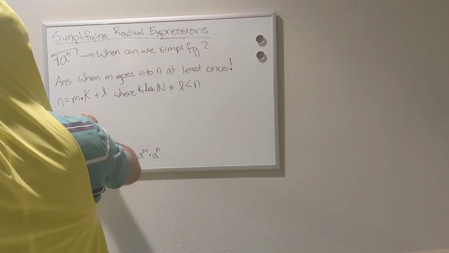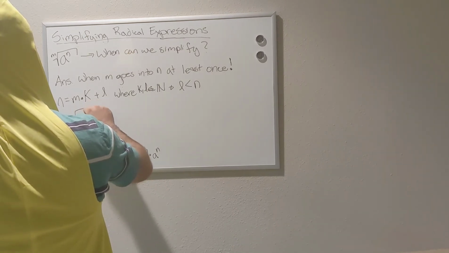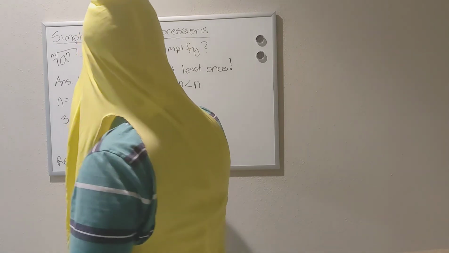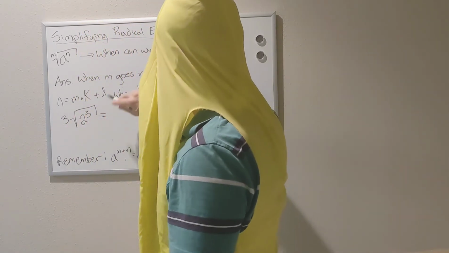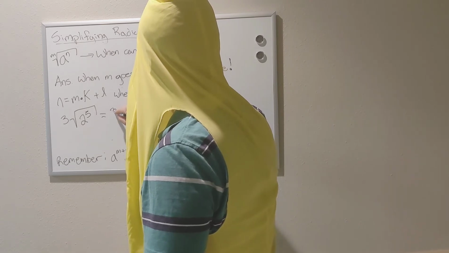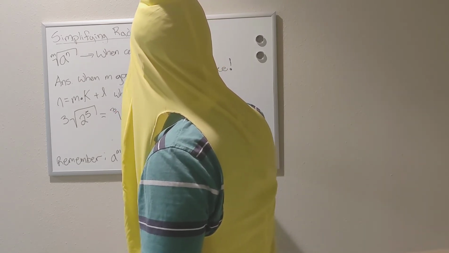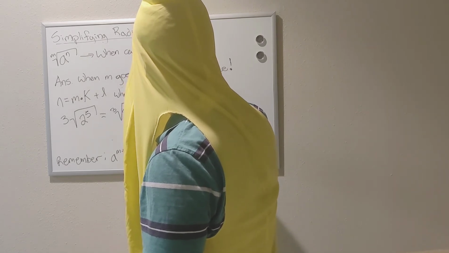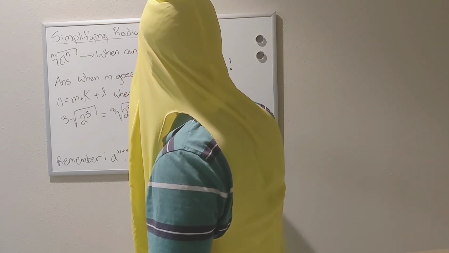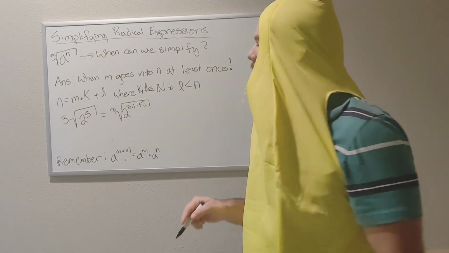We're going to write the cube root of 2 to the 5, and we're going to just start rewriting it like we've seen. We're going to write this as the cube root of 2 to the 3 times 1 plus 2. Remember, it goes in once, we have a remainder of 2.